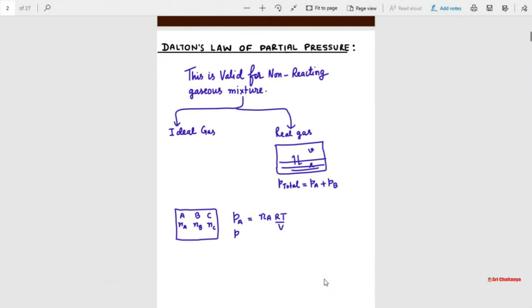Similarly for gas B, we can write Nb RT divided by volume of the container. Same way for gas C, Nc RT divided by volume of the container. If we want to write the total pressure of this gaseous mixture, that is equal to total number of moles of gas A plus B plus C into RT divided by volume of the container.